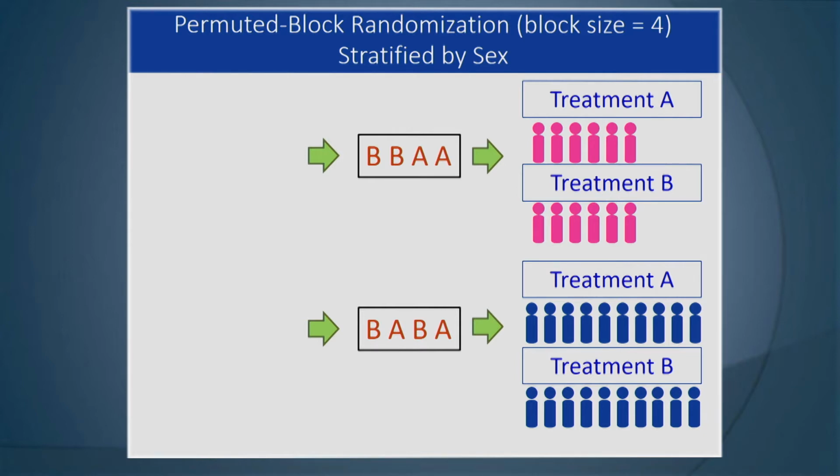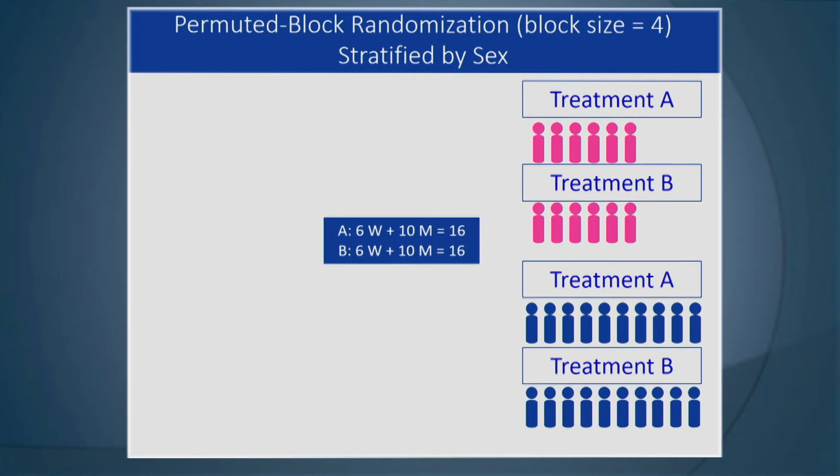But now look at what has happened. We have the same number of people in treatment A as in treatment B, which is what we had in block randomization. But now what we also have is the same number of women in treatment A as in treatment B, and the same number of men in treatment A as in treatment B. So now we have taken care of both problems.